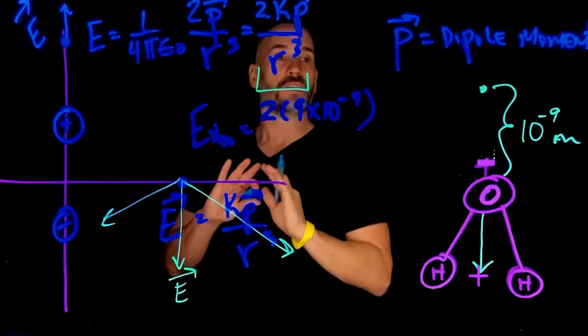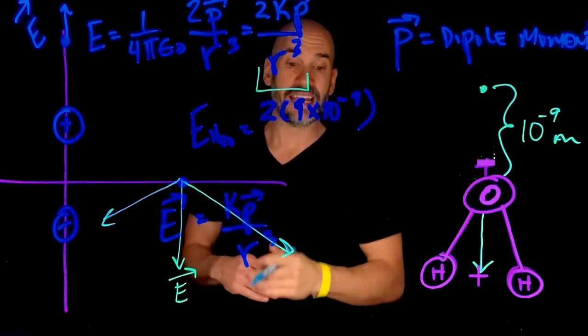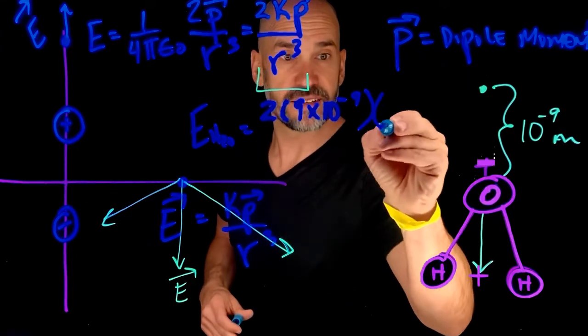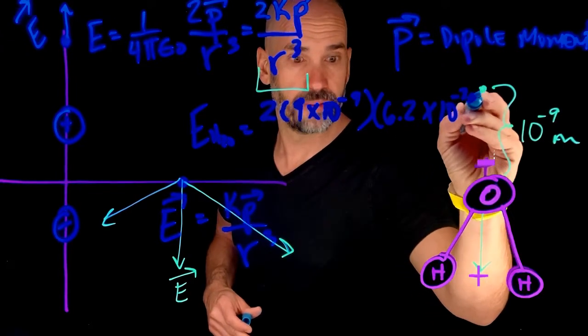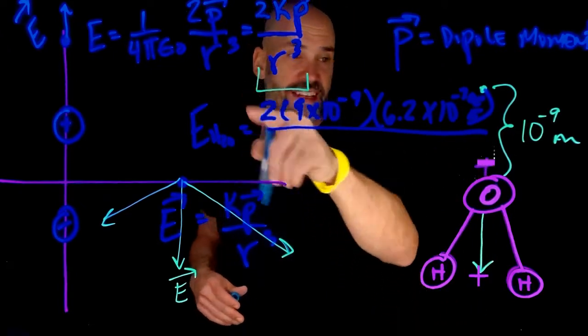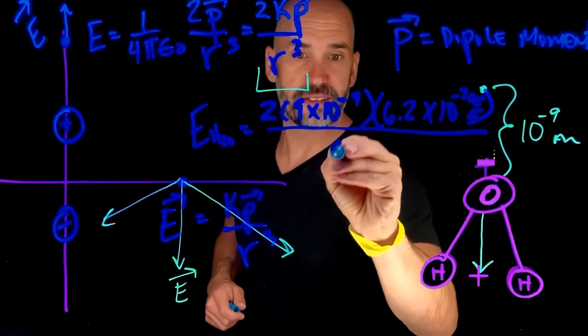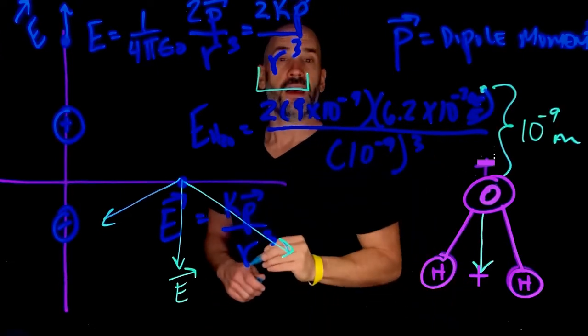So there's two ways to find the dipole moment. A lot of times they'll just give it to you, right? In this case, they give it to us. It is 6.2 times 10 to the minus 30 coulomb-meters, all over the distance, which is r cubed, so that's going to be 10 to the minus 9 to the third power, okay?